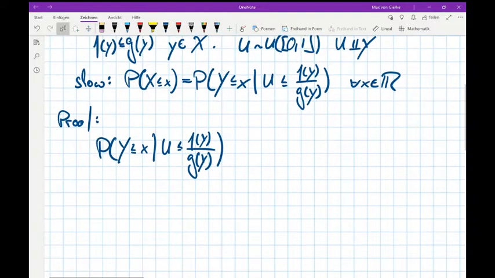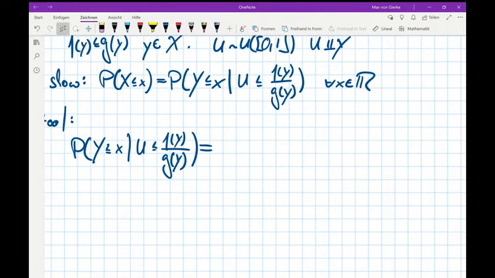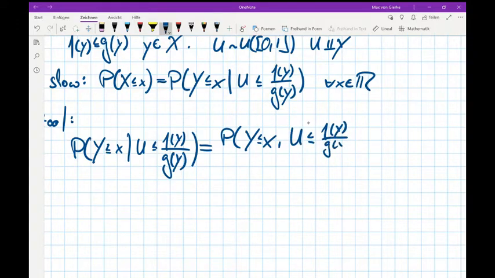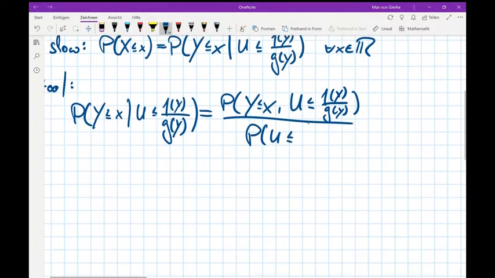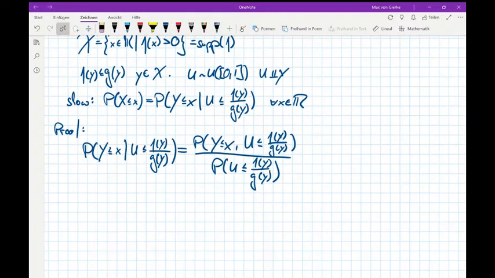We just compute this via Bayes. We just assume that this probability here is positive. Yeah, this is our approach.